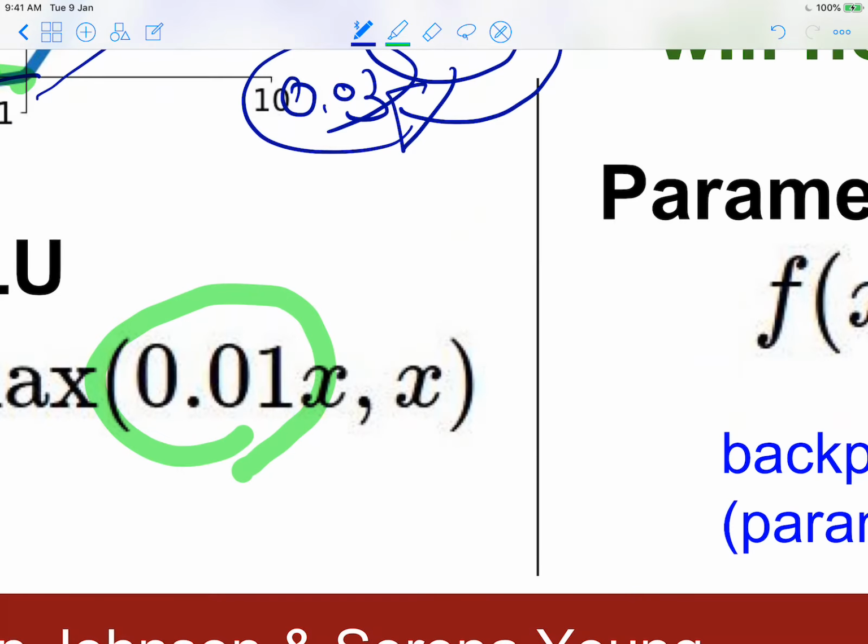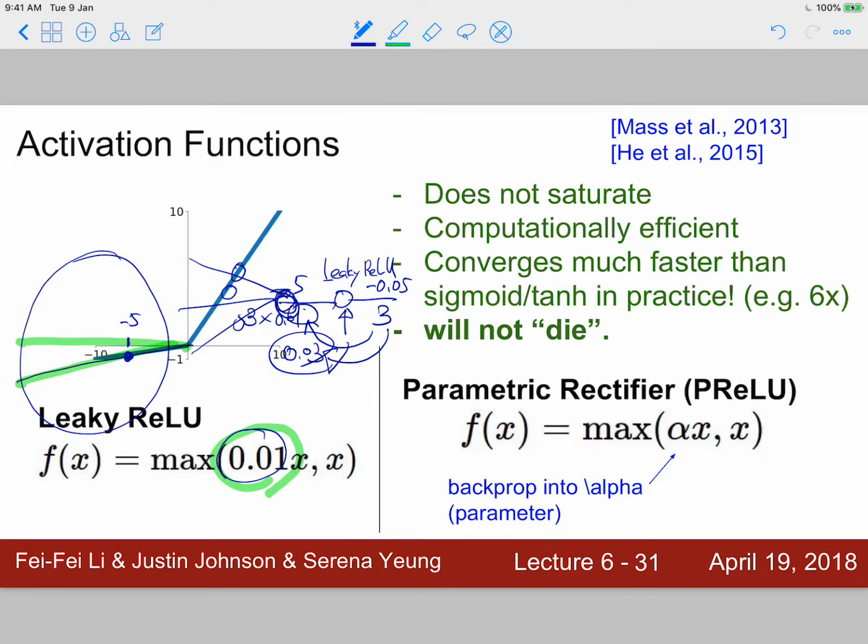And how do we obtain or compute this particular value of 0.01? This kind of value is set as a hyperparameter, so we have to set it in advance in the case of leaky ReLU. But at the same time, this value can also be set as a trainable parameter, right?